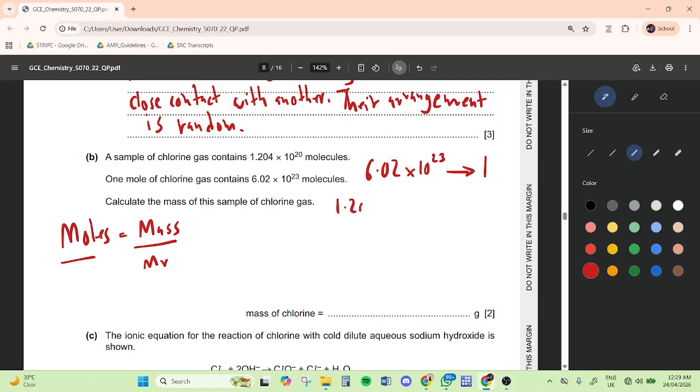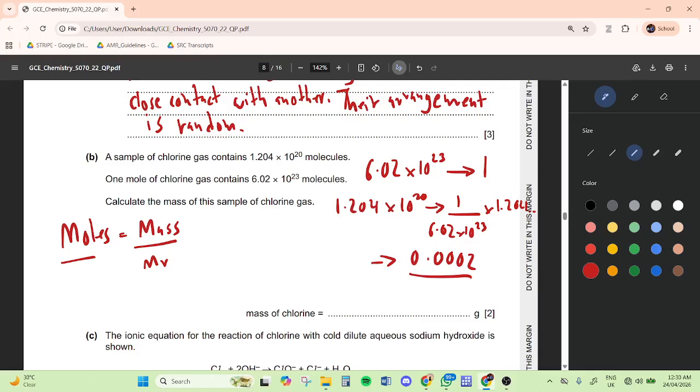So 1.204 × 10^20 gives you 1 divided by 6.02 × 10^23, times 1.204 × 10^20. This is going to give you a value of 0.0002.